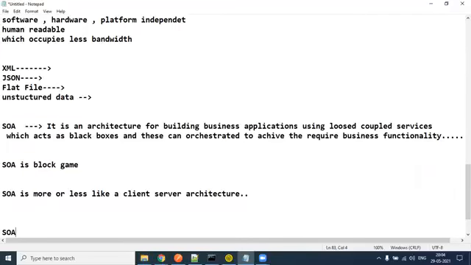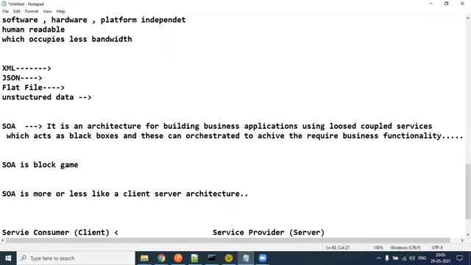There will be a party called the service consumer, which is also called the client. There will be a party called the service provider, which is also called the server. So these are two personas.